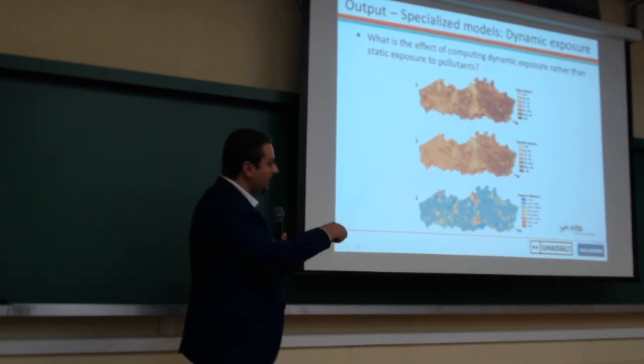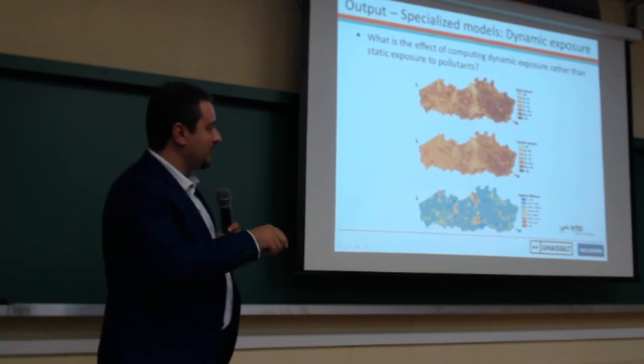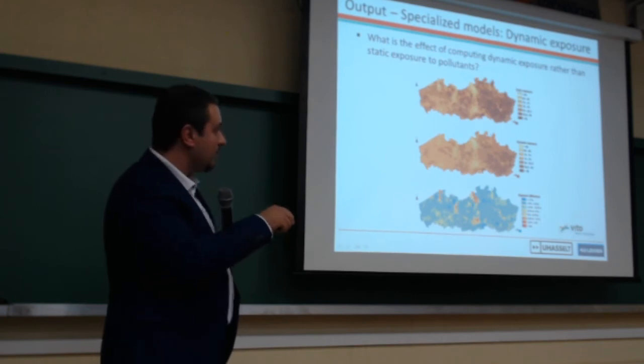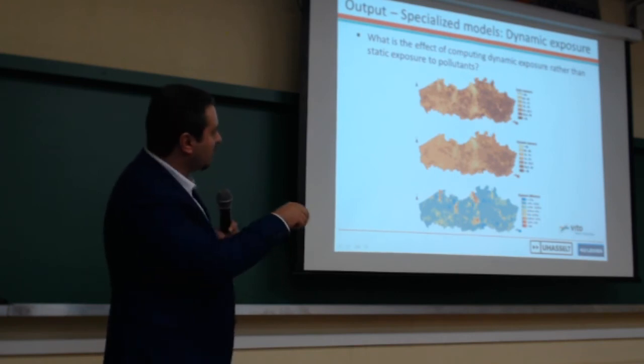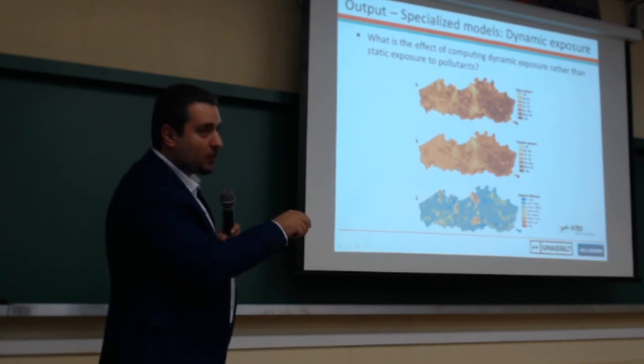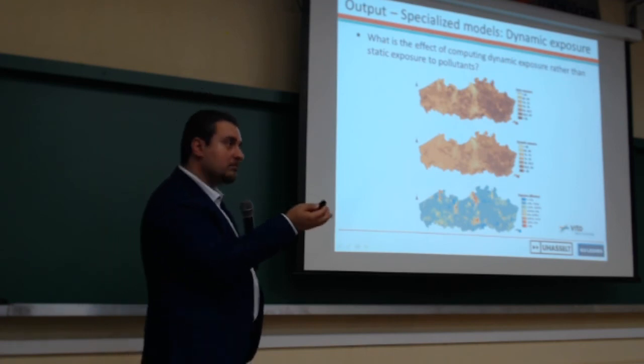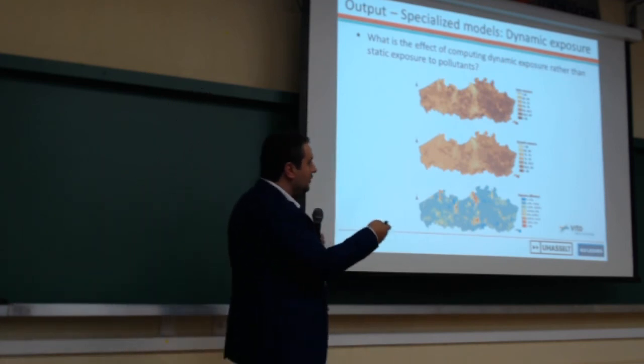And for other areas, the gray or blue zones, we have an overestimation, so the situation is not as bad as we would expect. As you can see, here is darker than here, meaning that the static exposure gives us a worse situation.